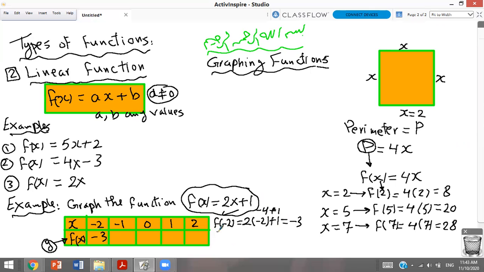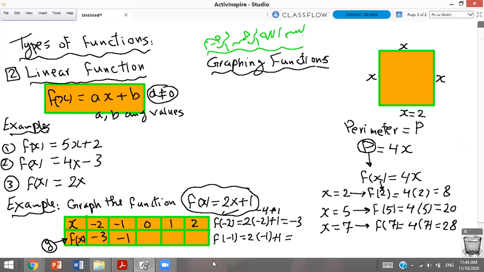If you substitute x of -1, it will be 2 bracket negative 1 plus 1. What is the result? Okay, negative 2. Correct? Negative 1. Correct, negative 1. Very good.